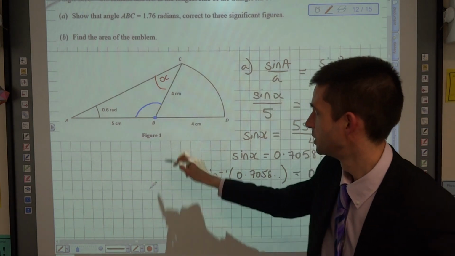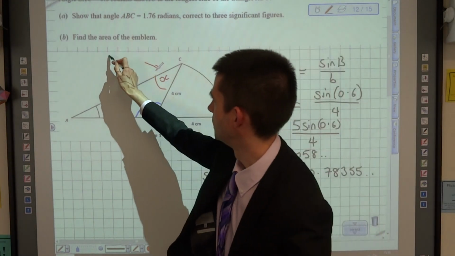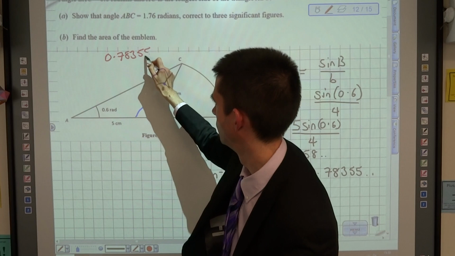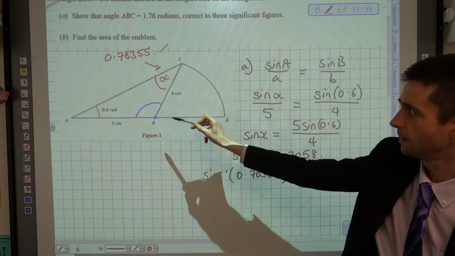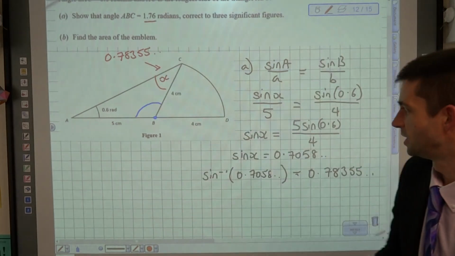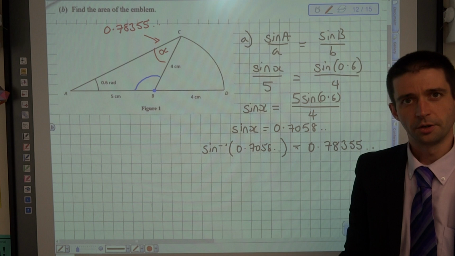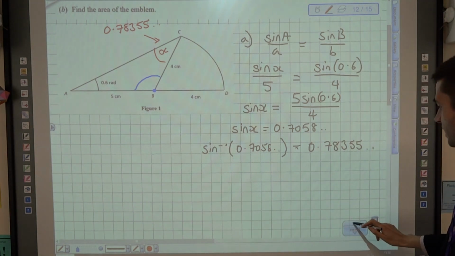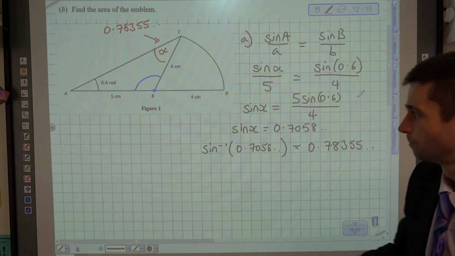So I'm just going to label on the diagram that what we found that angle to be is 0.78355 radians, and we're going to use that to find this missing angle here, and we're hoping to show that it's 1.76. So the sum of three angles in a triangle is 180 degrees. But now we're in radians, so the sum of the angles in a triangle is now going to be pi radians rather than 180 degrees.